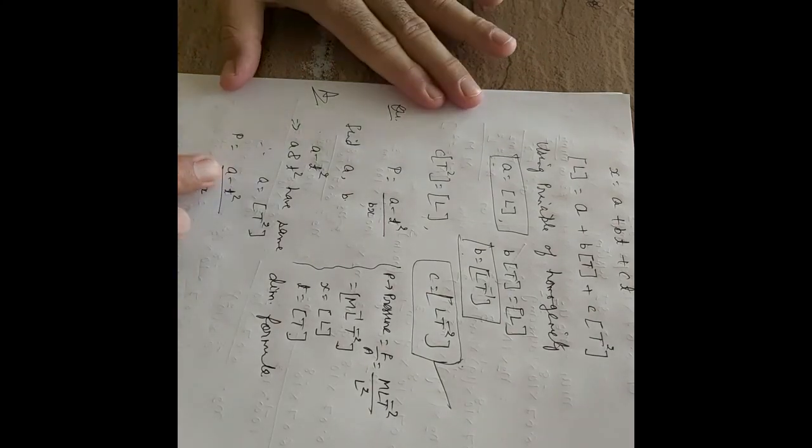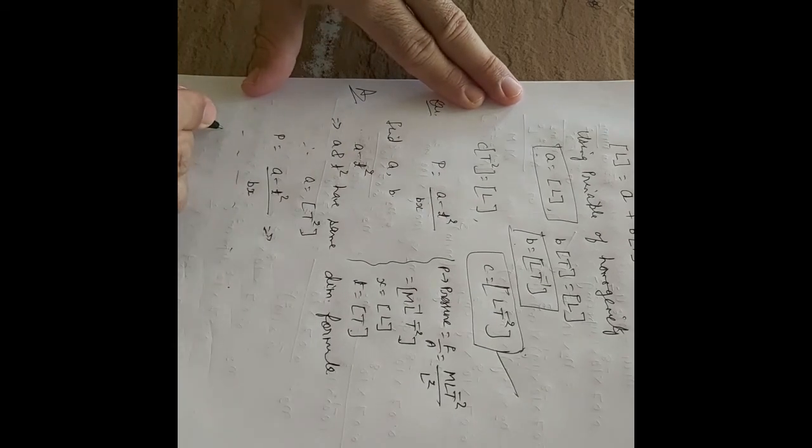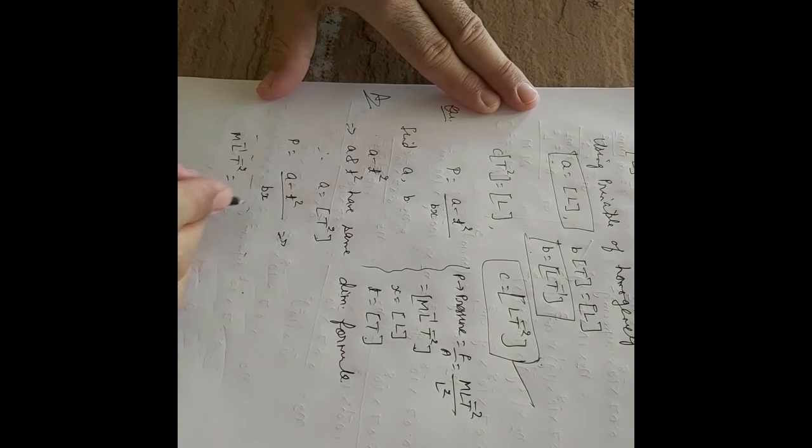The dimension formula of A minus t square will be again T square. So writing the dimension formula on both sides, what can I write? P formula is M L minus 1 T minus 2. And what is A minus t square? It is T square. B I have to find. The dimension formula of x is L.